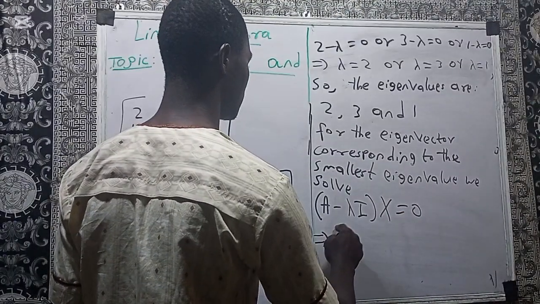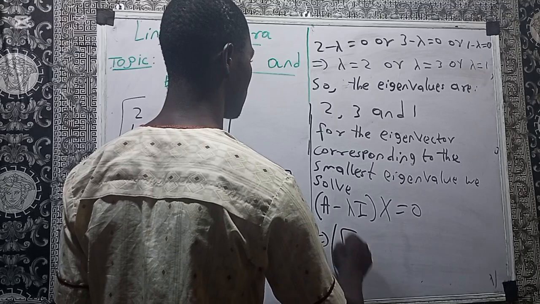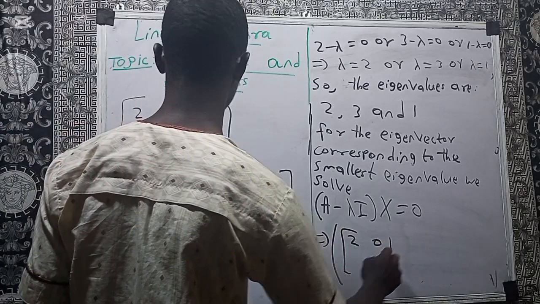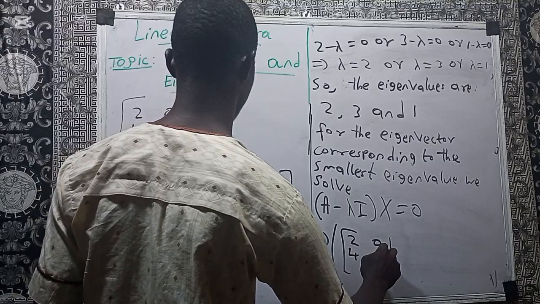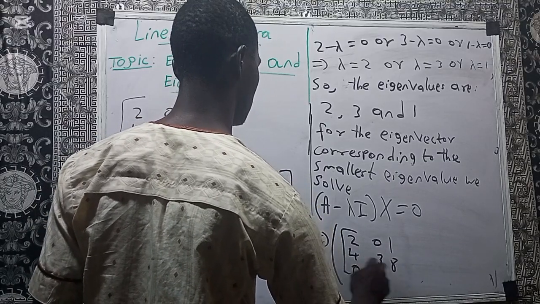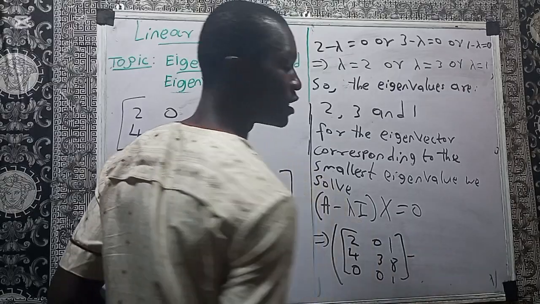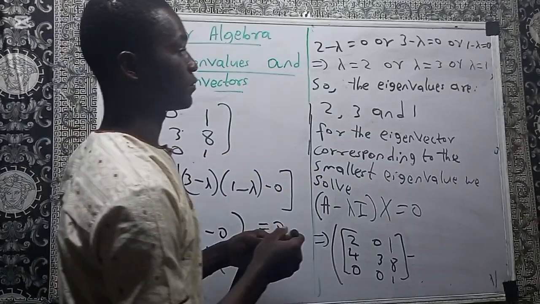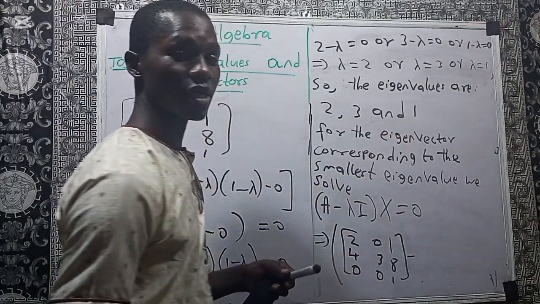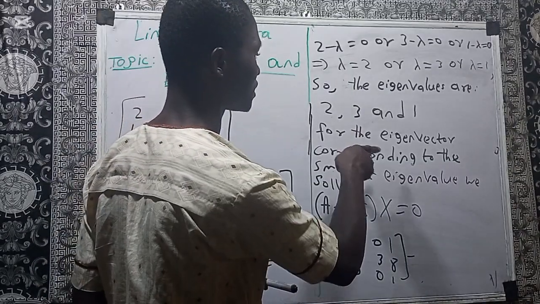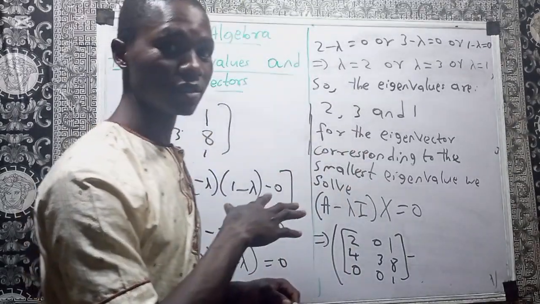So this implies, let's write our matrix A. We copy our matrix A and write. This is our matrix A minus lambda. Lambda now is 1, right? Because the smallest eigenvalue is 1. So we are solving for the smallest eigenvalue according to the question.